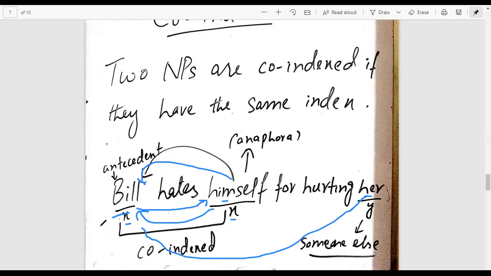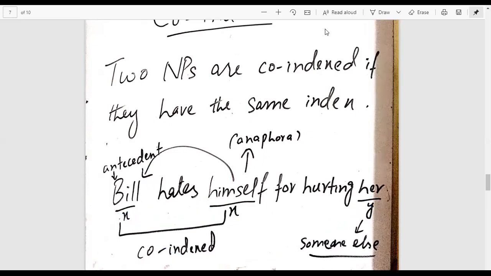I use X and X because they show the indexation. Whereas I use Y for this because this is not directly related to Bill, right? So it can be someone else. So her is not directly related to Bill. We can say that her is not co-indexed, but Bill and himself are co-indexed in the sentence.